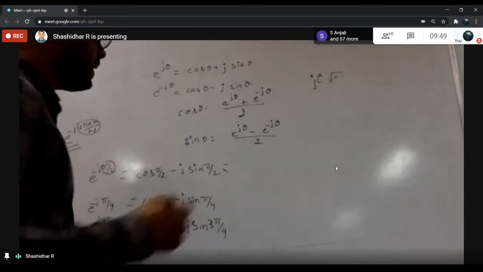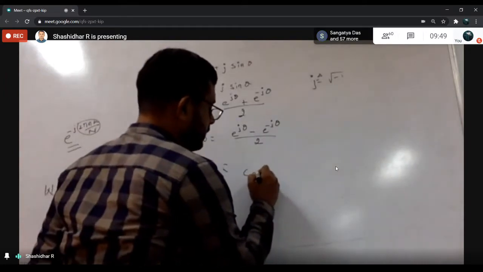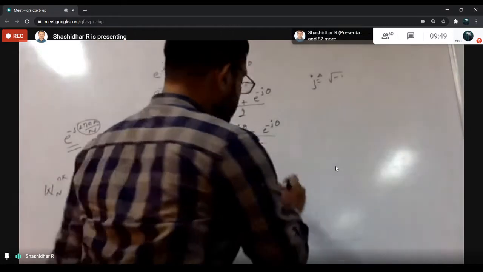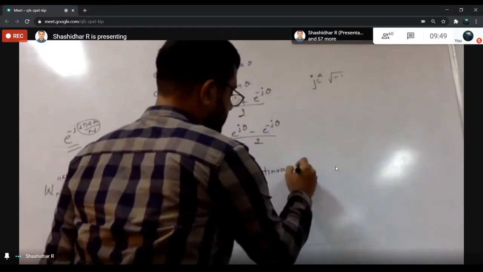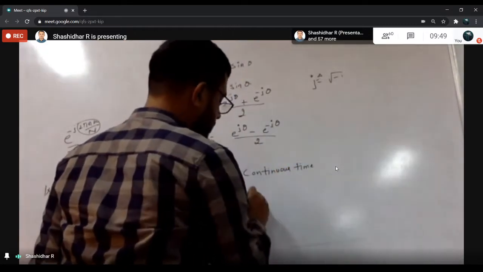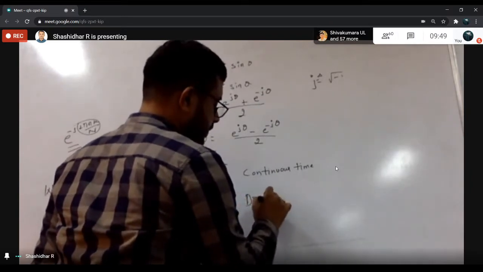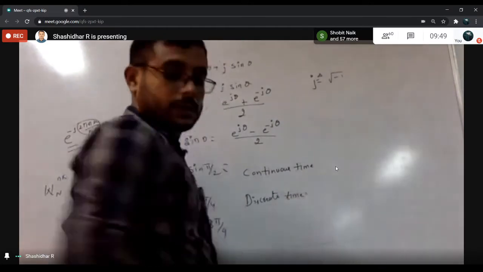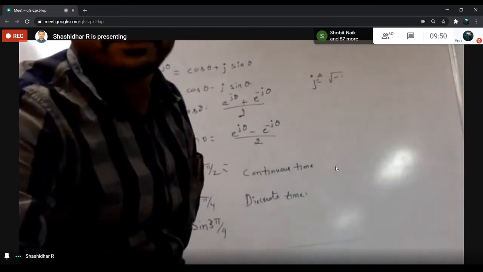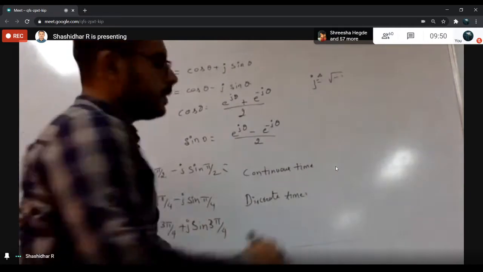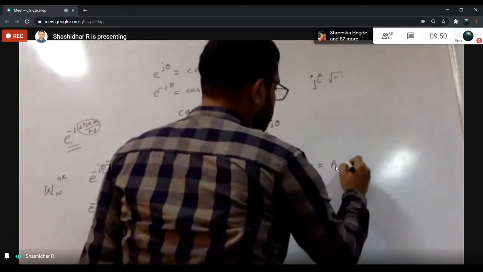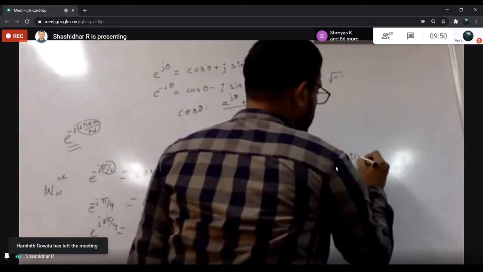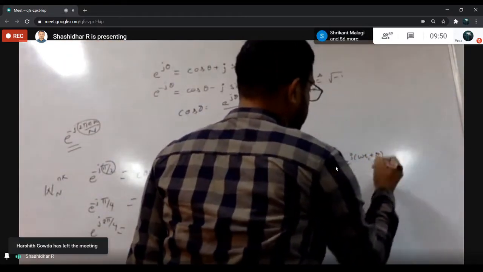Another one is continuous time. What is the equation for continuous time and discrete time? For continuous time, A into e to the power of j (omega t plus theta).